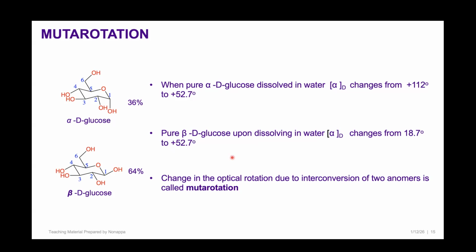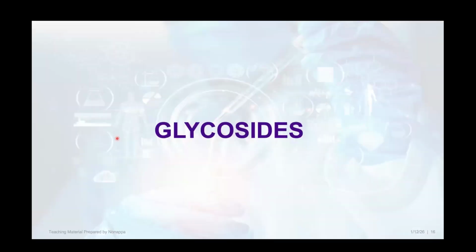Then you get a stable optical rotation of plus 52.7 degrees. This process of change in the optical rotation due to interconversion of anomers between alpha and beta through the open chain form is called mutarotation. Muta means change, same as mutation in genetics.